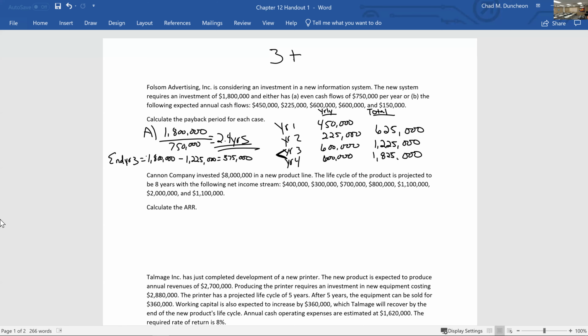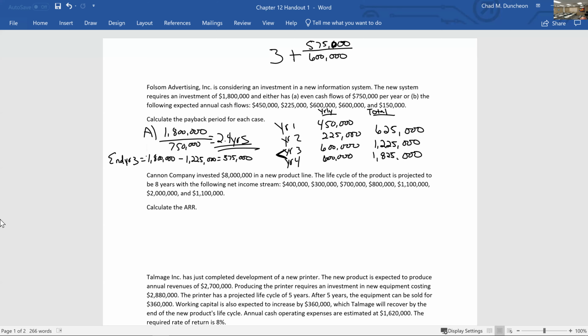So we're going to have a decimal in there. So how do we find that decimal? Well, first we find out how much we still needed to collect in year 4, 575,000. How much did we collect? 600,000.